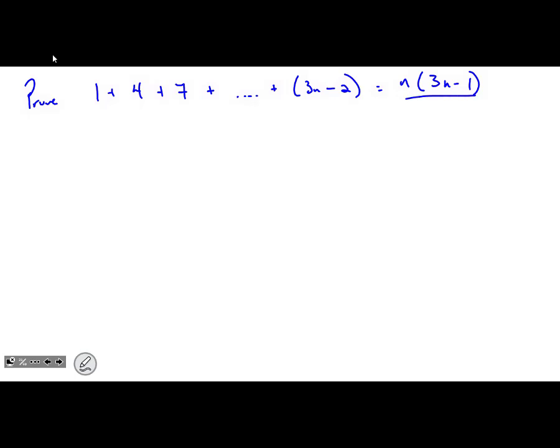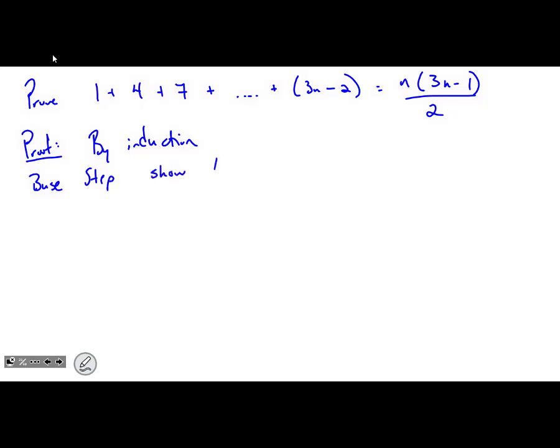So let's do another example. So prove 1 plus 4 plus 7 all the way out to 3n minus 2 is equal to n times 3n minus 1 over 2. Okay, so proof. By induction, and I must always do the base step.